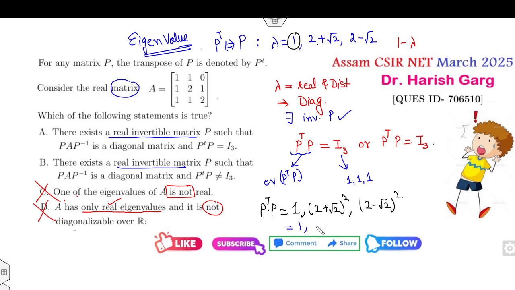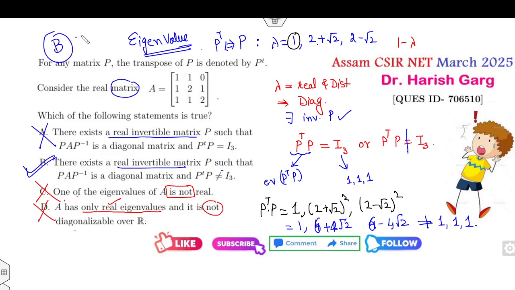So that will be 1, then 4 plus 2, 6 plus 4 root 2, and 6 minus 4 root 2. Clearly they are not equal to 1, 1 and 1. So that means P transpose P is not equal to I3. So the right answer of the problem is B.